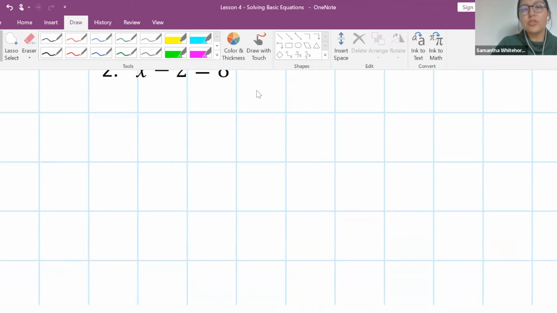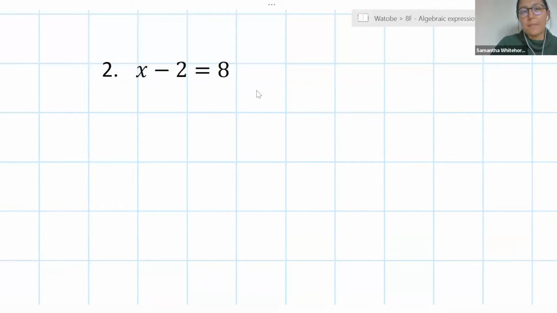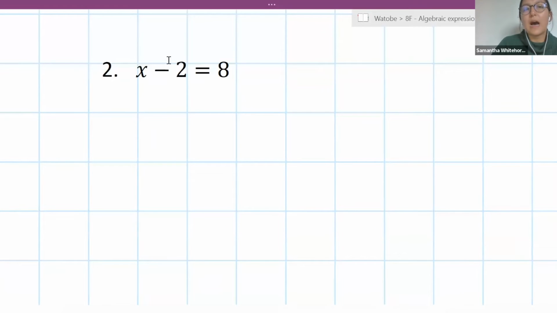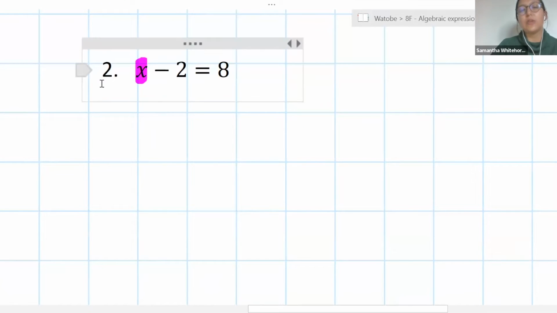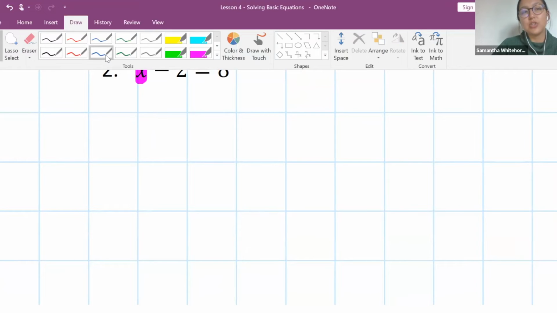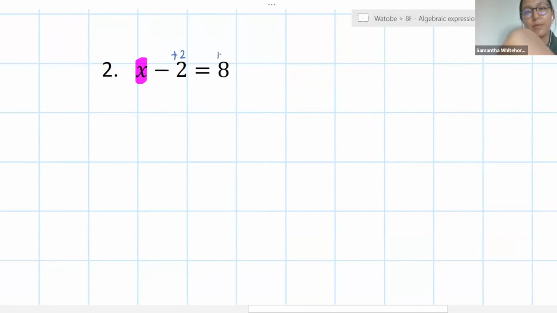Now, if you struggle to figure out which operations you need to deal with, what you can do is highlight x and then see, okay, well, I can see that x has 2 subtracted from it, which means that I'm going to want to add 2 on both sides. And so what I have is x is equal to 8 plus 2. That's using my inverse operations.